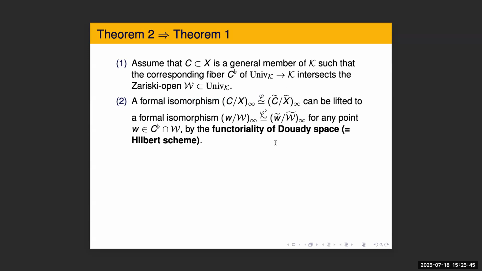So any formal isomorphism lifts to a formal isomorphism of corresponding neighborhoods in the universal family because the construction of Hilbert scheme is functorial.